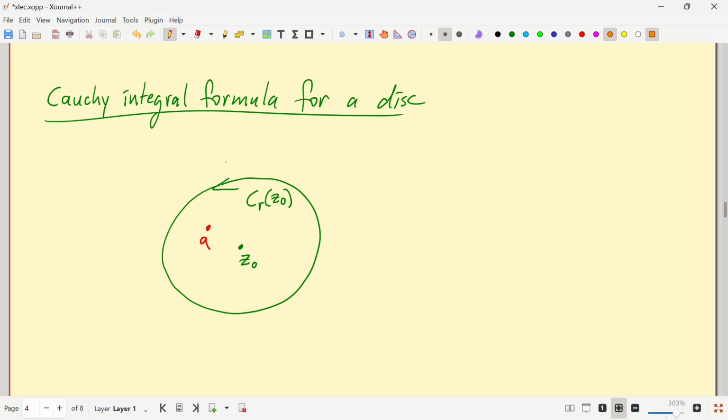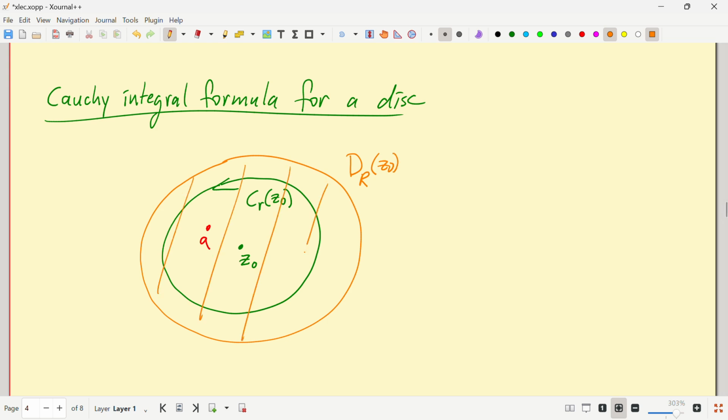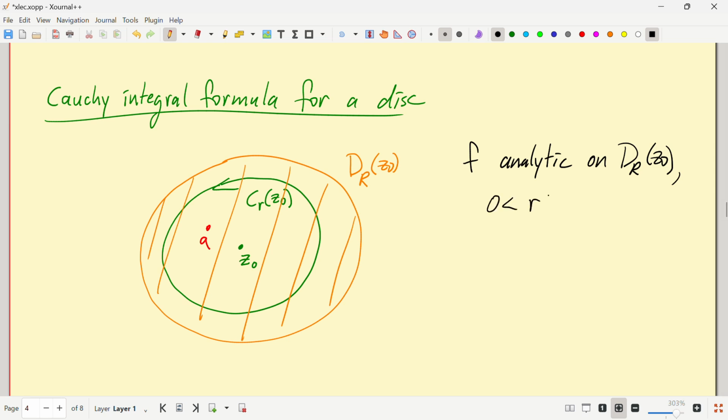So here's the bigger disk, D sub capital R, about z naught. And I'm assuming that I have a function that's analytic on the bigger disk. So the assumption is we assume f is analytic on the bigger disk, and I would have 0 is less than little r is less than capital R. And that C sub r needs to be counterclockwise.